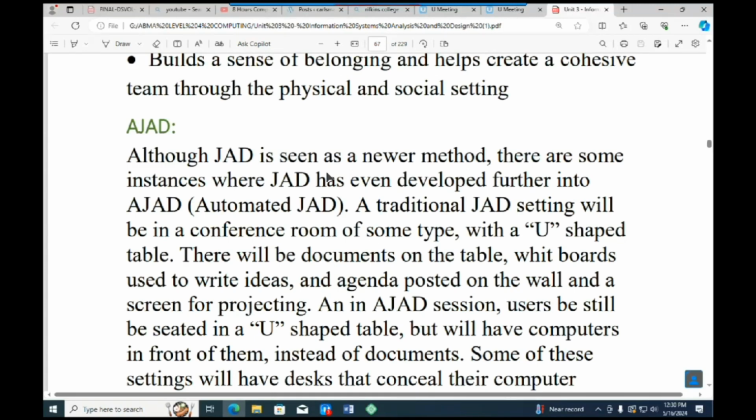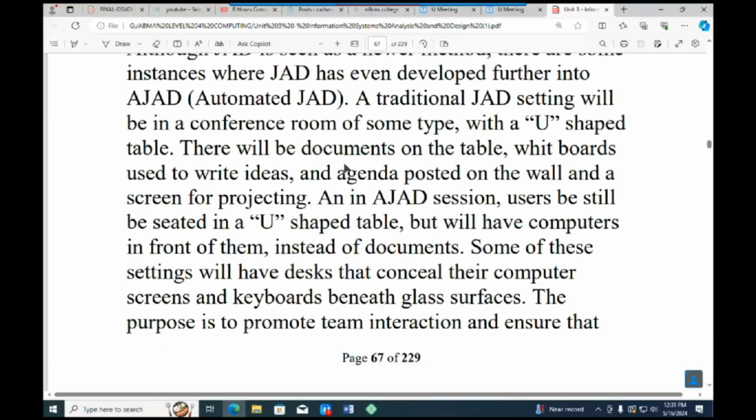So the traditional JAD setting will actually happen in a conference room of some type, with maybe a U-shaped table. We have the documents on the table. We have the whiteboards that are going to be used to write ideas. We also have the agenda that is actually posted on a wall or projected on a screen by a projector.